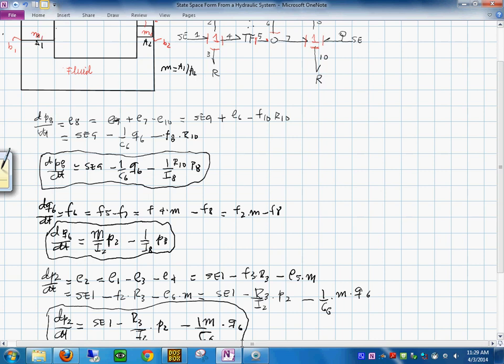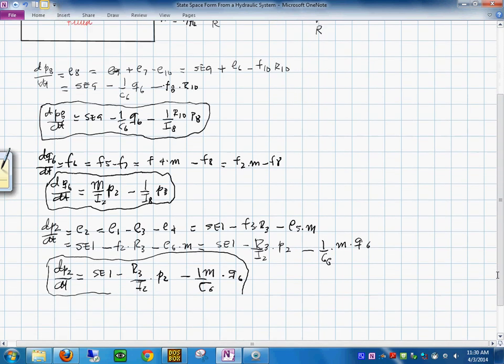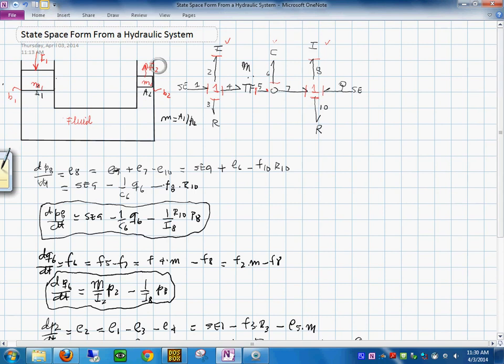With these equations, we could already produce the A and the B matrix. But you see, our objective is to do the state space form.